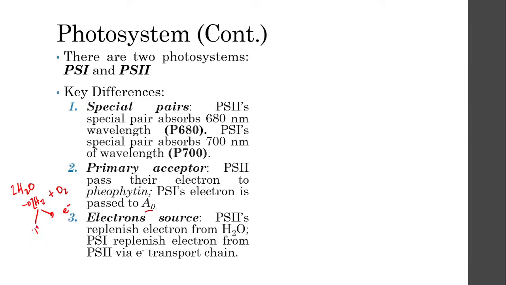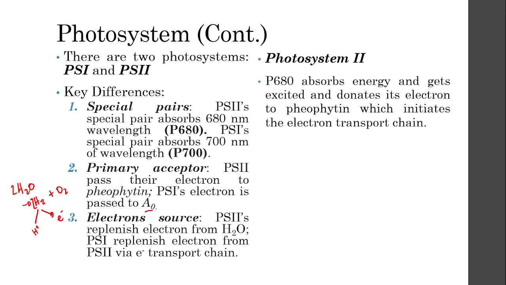That's where you have your H plus right there. The electron component is used to replenish your PS2's reaction center, while the proton is added onto the proton gradient. While for PS1, it replenishes its electron from basically the electron that the PS2 donated to its pheophytin onto its transport chain.